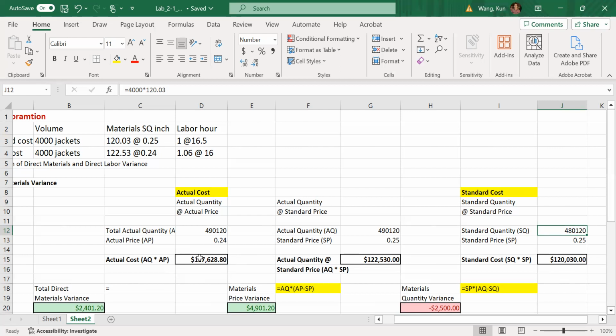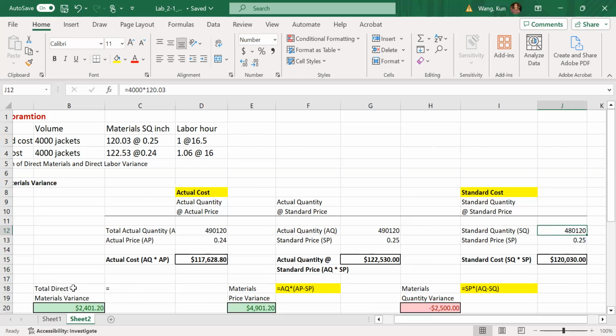But if you only have these 2 items, actual cost and the standard cost, by doing deduction, you can find out the total direct material variance.